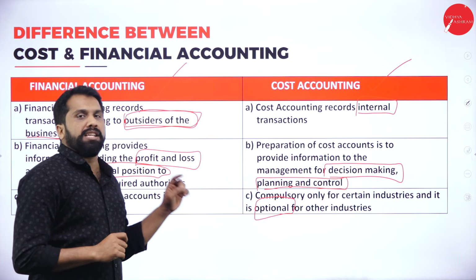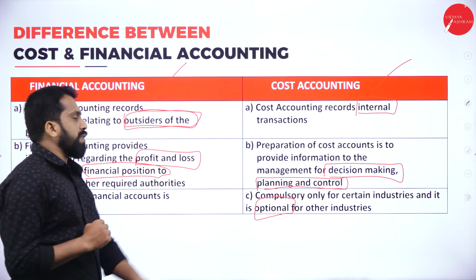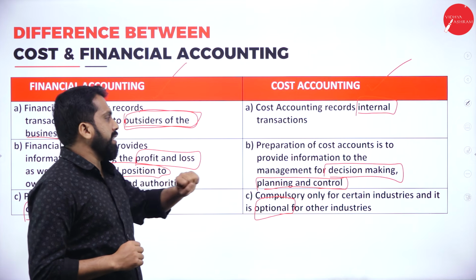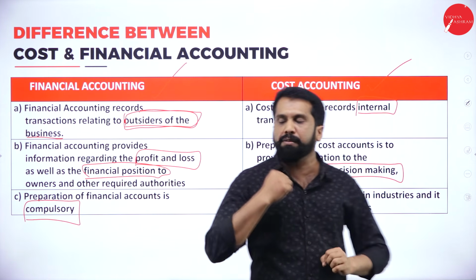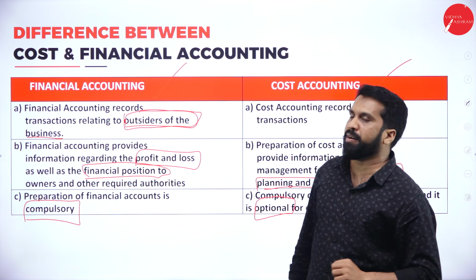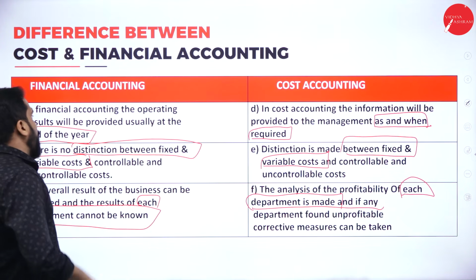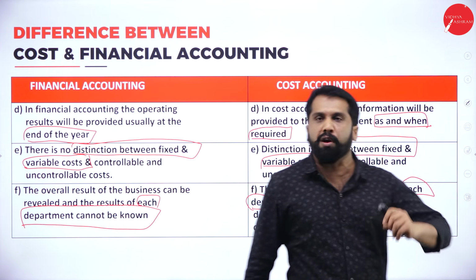First one is, it is for outsiders, it is for internals. Second one, profit and loss and financial position are given in this; decision making, planning and control in the other. The third point, this is compulsory and this one is optional. Your fourth point, this is at the end of the year, this is whenever you want.